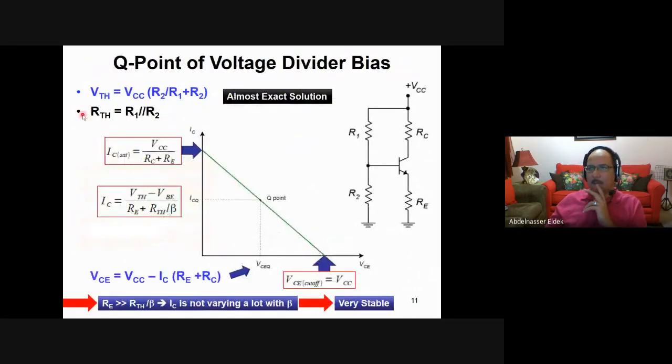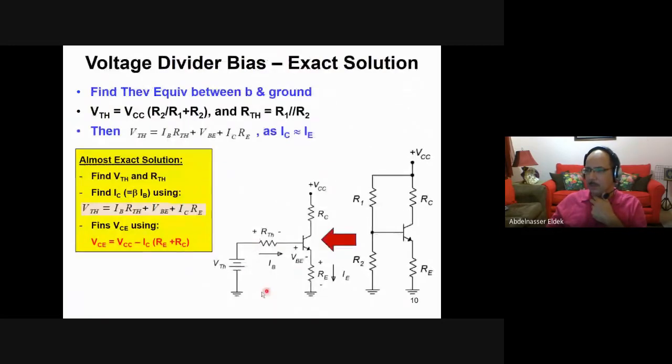Then the steps for the solution are: first find V Thevenin, as I said, the voltage divider, and then R Thevenin, R1 parallel with R2. Then you draw this circuit exactly the same as in the first method, and then calculate IC using this equation. I got this equation from the Thevenin equivalent, from this loop.